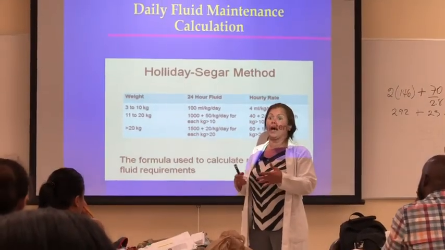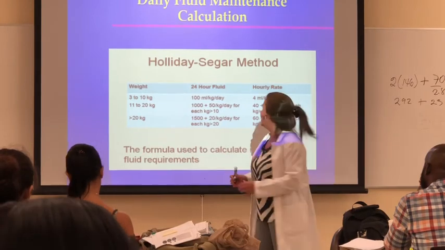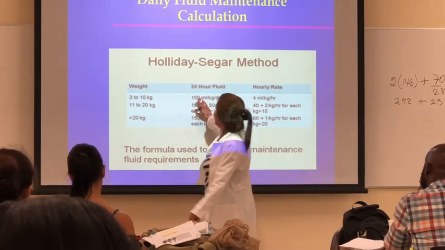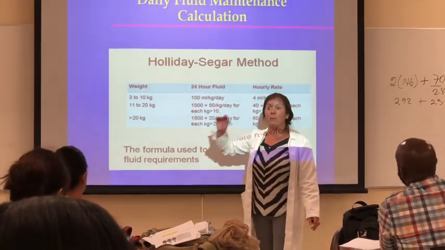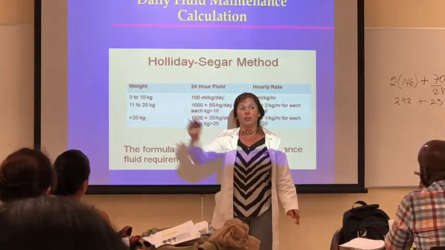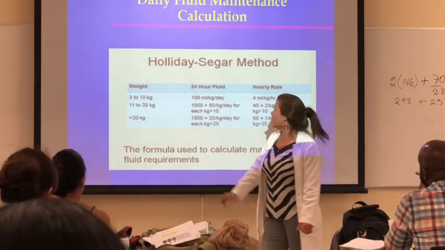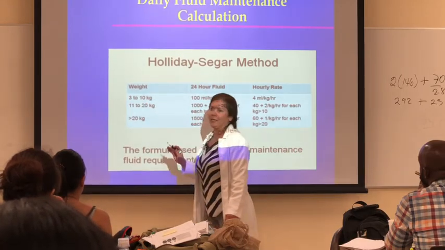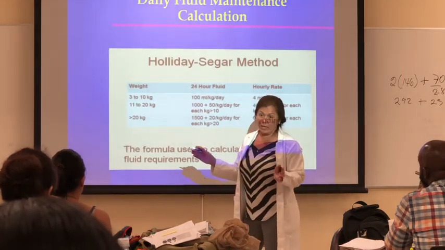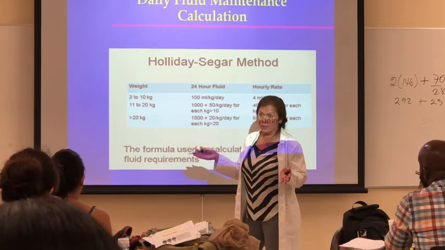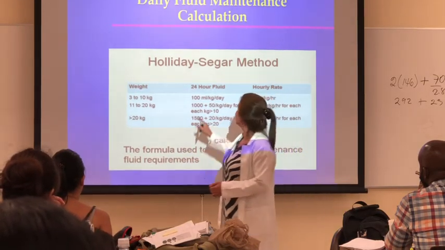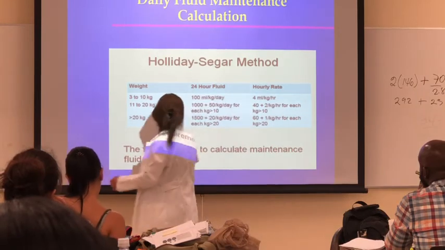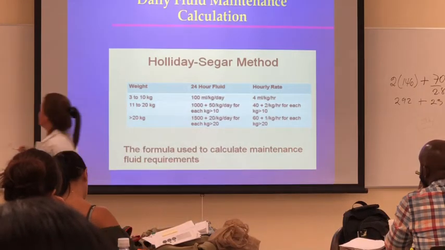The reason they come up with it like that is because they said that coming from pediatric patient to adulthood, if you are less than 10 kilograms, you need 100 mL per kilo.